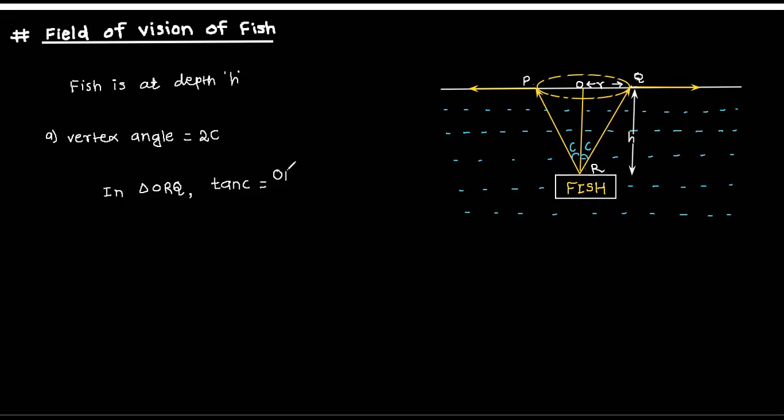So this is OQ divided by OR, which is equal to R by H, and therefore the radius of the base of the cone is equal to how much? R is equal to H tan C.